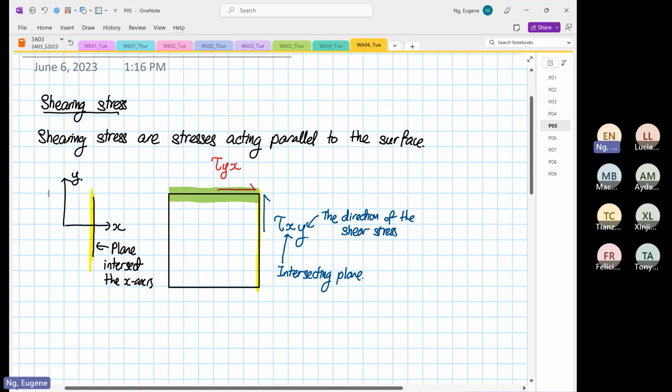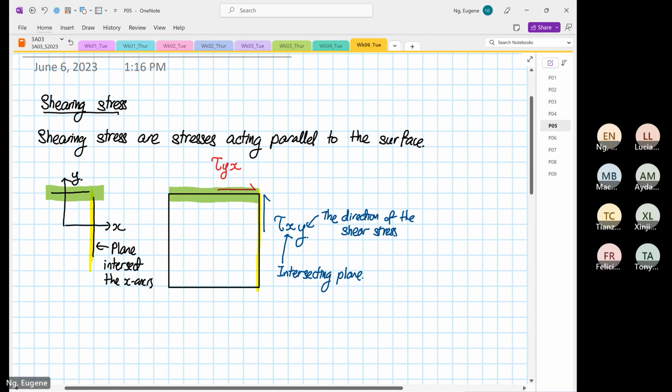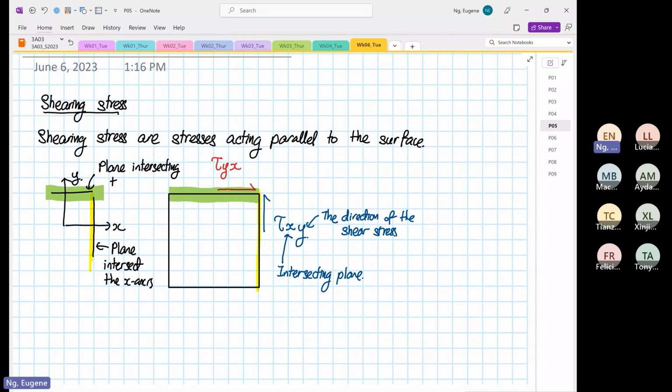If I were to draw a green line over here, this is the plane intersecting the y-axis, right? And the direction of the shear stress, right? This is the x direction, right? It's moving towards the x. So that's why we call it shear yx.